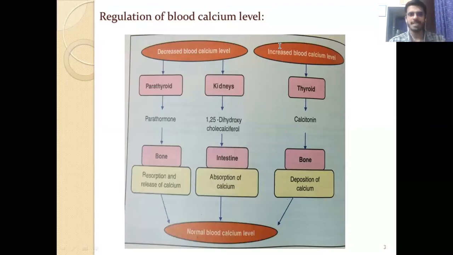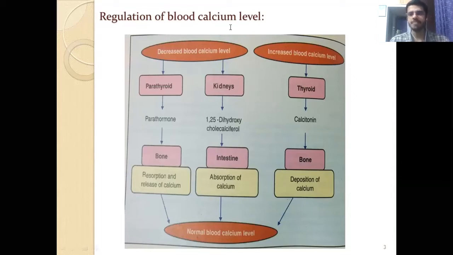Very good, myenteric plexus, also known as Auerbach's plexus, present between the middle circular and outer longitudinal muscles. Good. Which are the cells in the small intestine producing intrinsic factor? Good. Argentaffin cells.